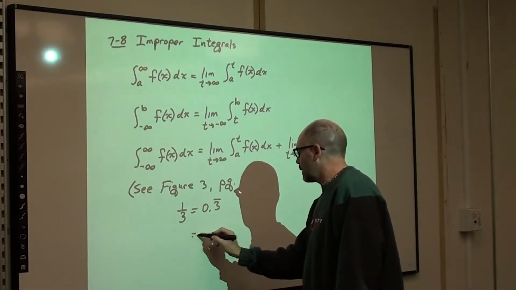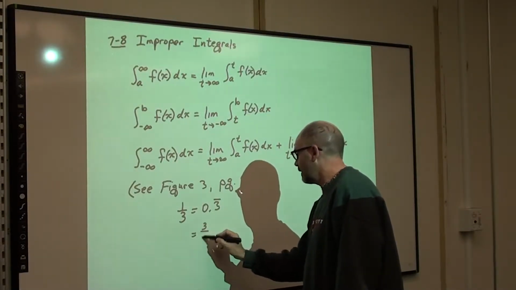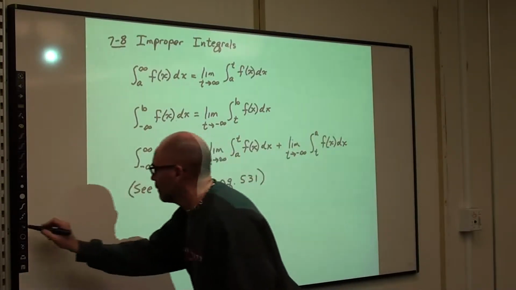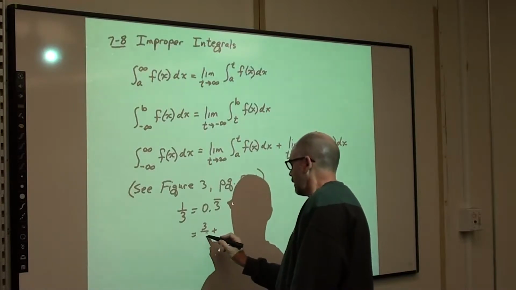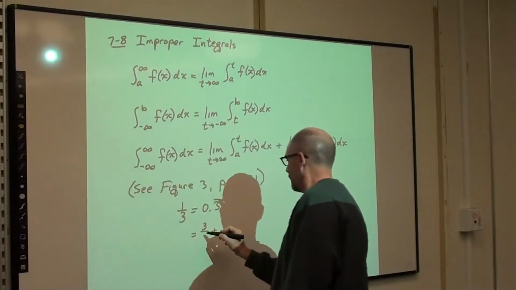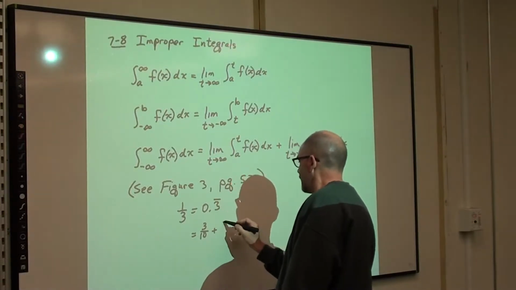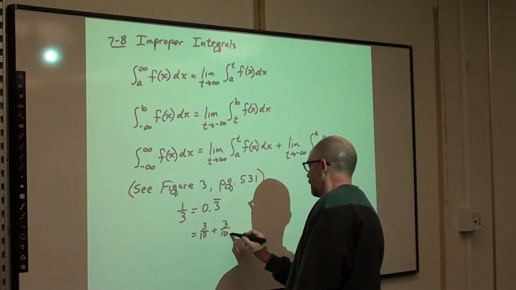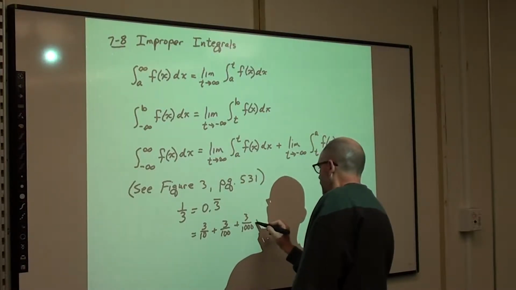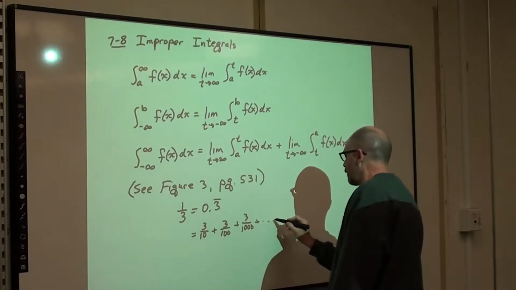Well, that equals 3/10 plus 3/100 plus 3/1000 plus, and it keeps on going forever and ever.